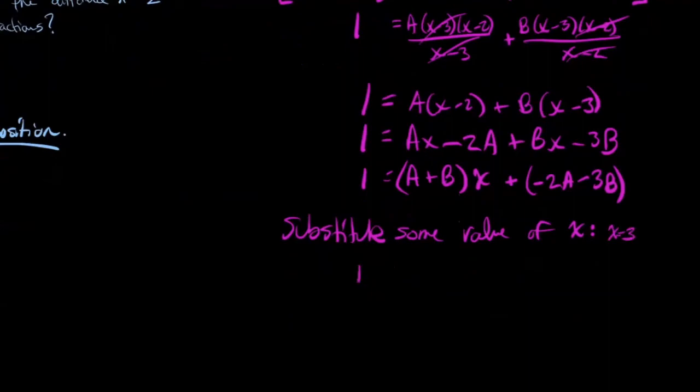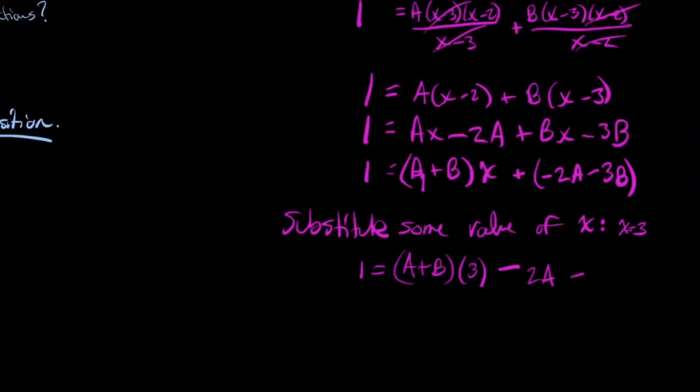If x is equal to 3, we'd have 1 is equal to a plus b times 3 minus 2a minus 3b. And what we have now is 3a plus 3b minus 2a minus 3b, and that's still equal to 1. And if we simplify, look what happens.